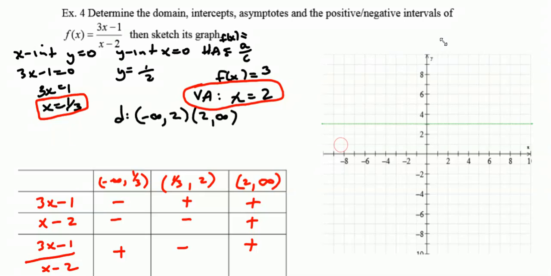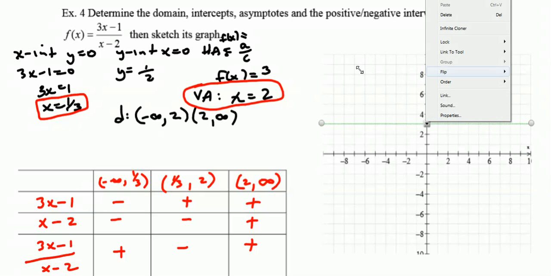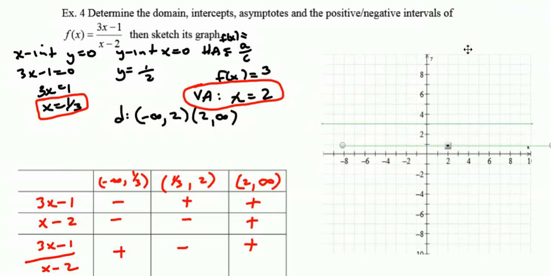I wonder if I can just clone this. And then we'll put this over at x equals 2. All right. This is okay. Okay, so we've got our asymptotes in. Good.